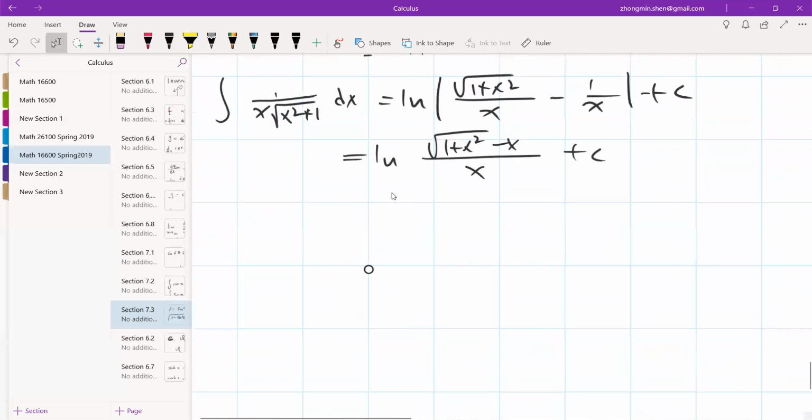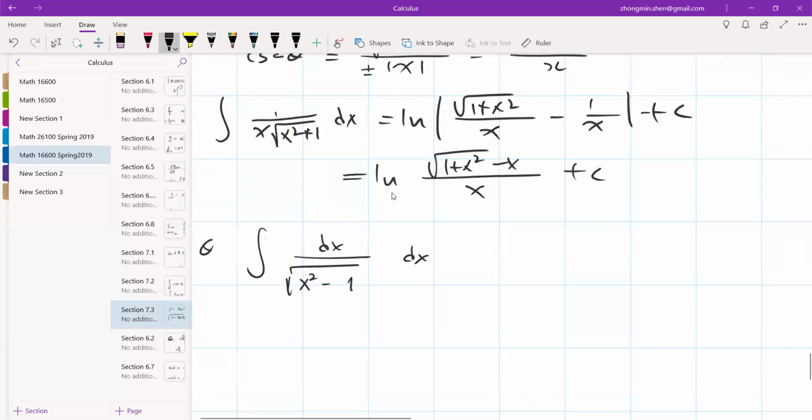All right, so the next problem I want to discuss is the integral of the square root of x squared minus 1 dx. I'm going to begin with the first one, just the square root in the numerator.